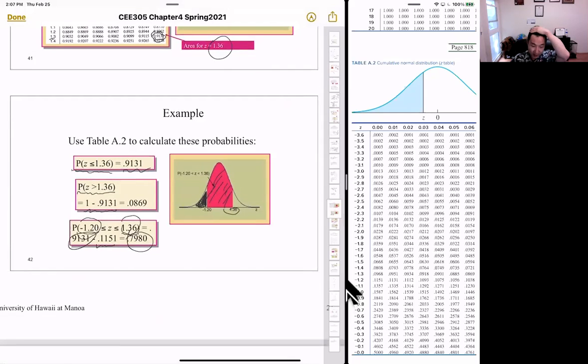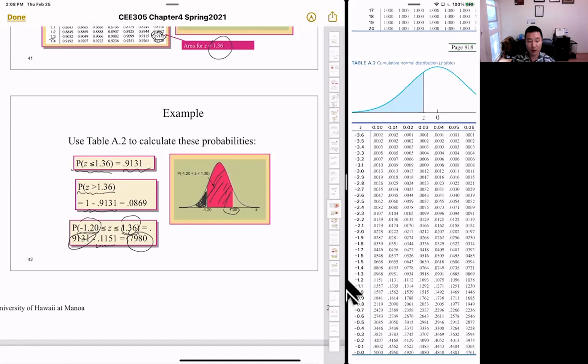Also, we can calculate the probability of less than a certain z-value, or larger than a certain z-value. For larger than, we use 100% minus the value we found from the z-table. Or we can find any range, for example from minus 1.2 to 1.36. So we get two values.